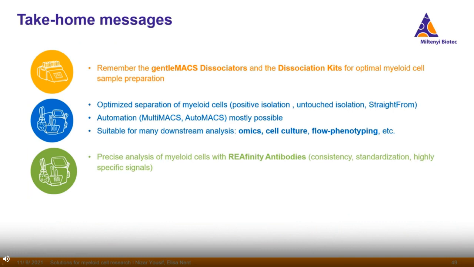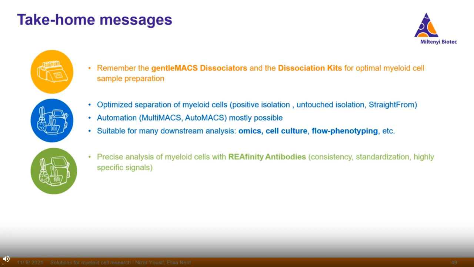Now, I'll wrap up the first part of this webinar, and here are some take-home messages. The gentleMACS Dissociators and the dissociation kits are here for optimal myeloid cell sample preparation. We have optimized separation of myeloid cells, so positive isolation, untouched isolation, or straight from automation. MultiMACS and AutoMACS are mostly possible with our cell separation options.